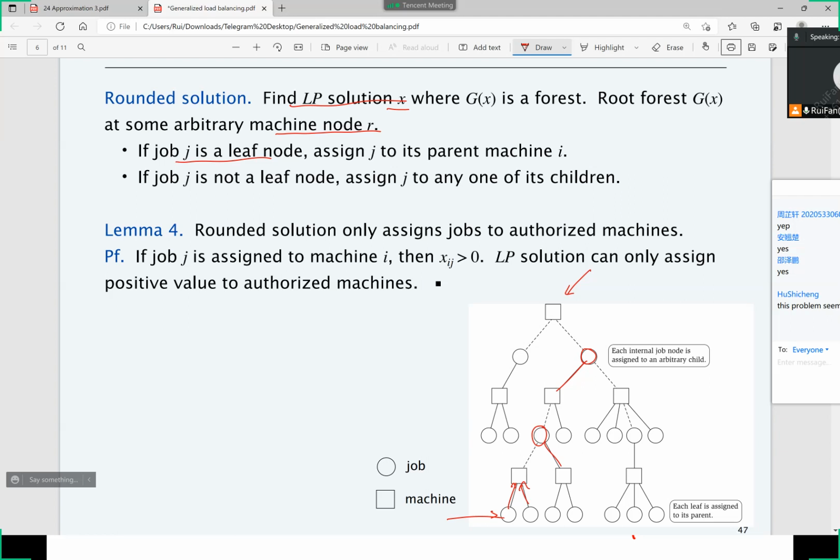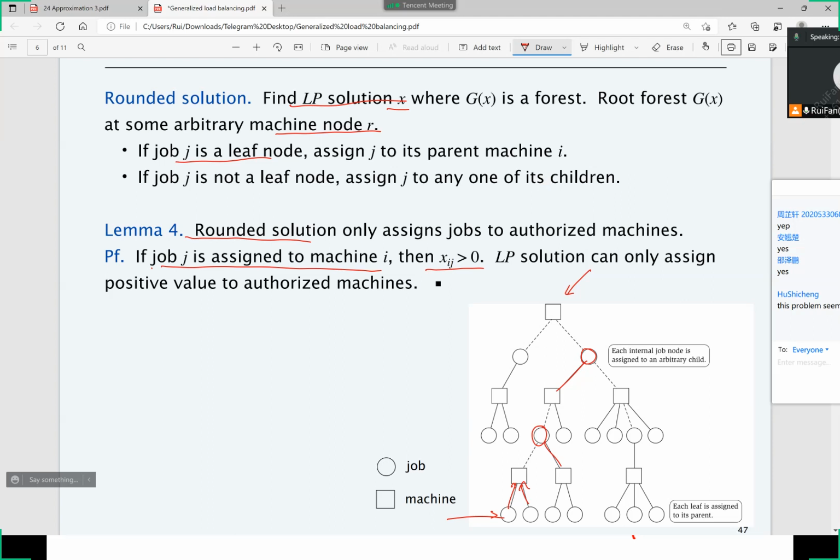Now we're going to make some claims. We'll call the solution that we achieve the rounded solution. The first claim is that the rounded solution only assigns jobs to authorized machines. The reason is that if a job j is assigned to a machine i, then there has to be an edge between j and i, and that only happens when x_ij is larger than 0.